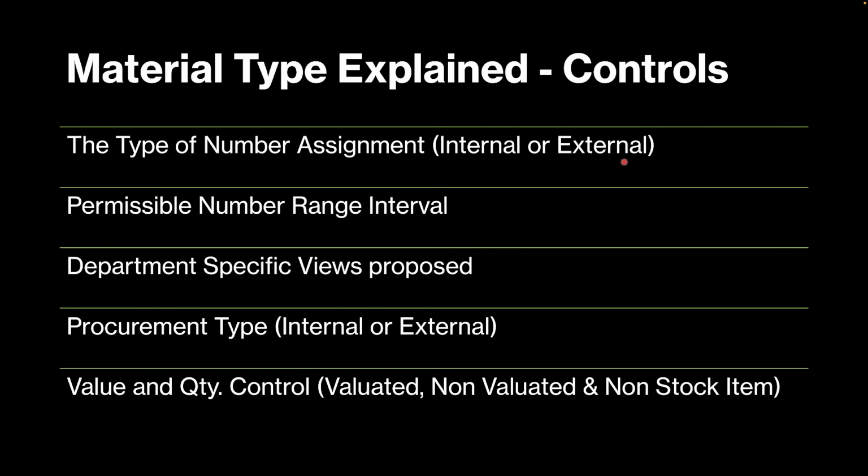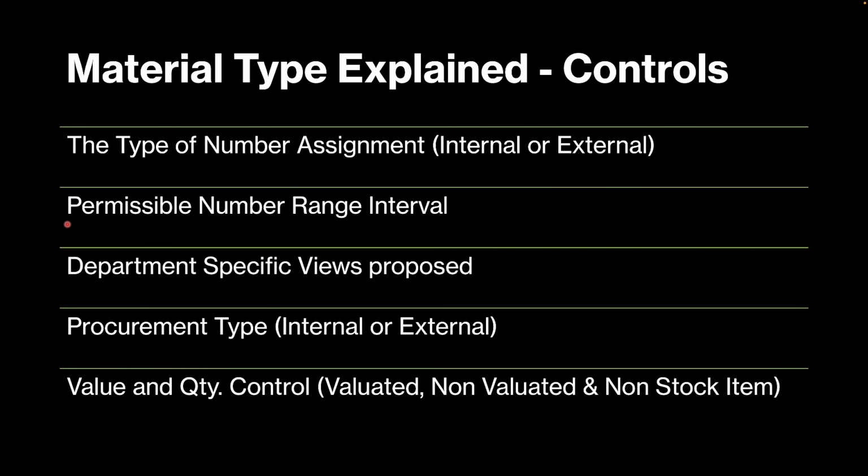Okay. If the system automatically assigns a number, then that particular material type will have configuration with internal number assignment. So external number assignment means you will have to feed the number externally in the screen. Internal number assignment means that the system will automatically assign a material number to your material master.